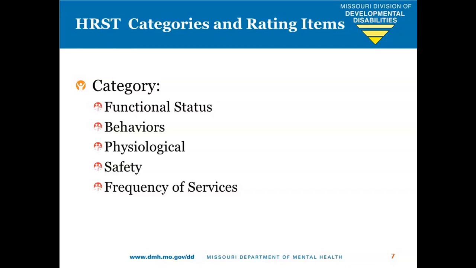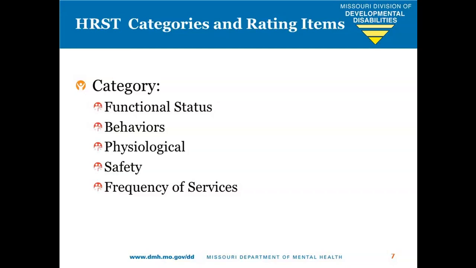Then it has a behaviors section, and it covers self-harm, aggression. If a person takes medications for behavior, you probably hear it called psychotropic or psychiatric medications, that's also factored in there, because that tends to have a bit of risk associated with it.